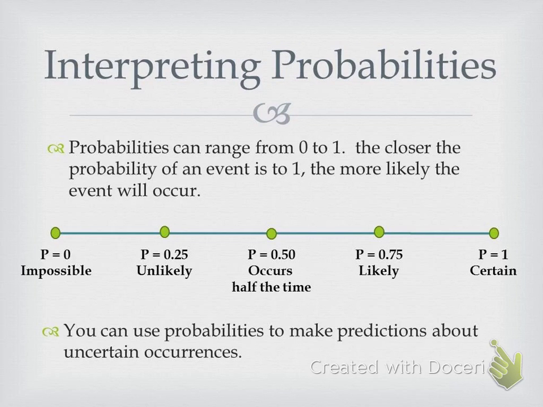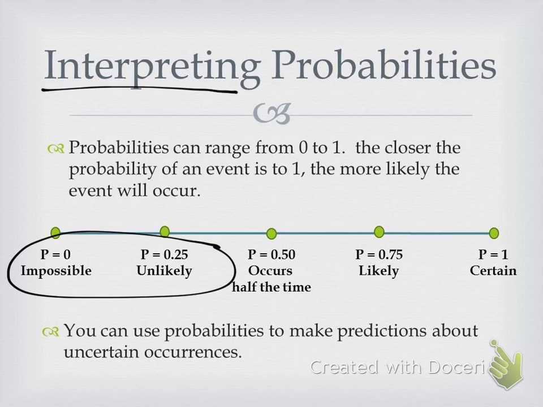Moving on to interpreting probabilities. You don't have to write any of this down. I just want to go over it. If your probability is 0, like the probability that you win the lottery is pretty close to 0, these are more unlikely, meaning it's not going to happen. That could be good or bad.